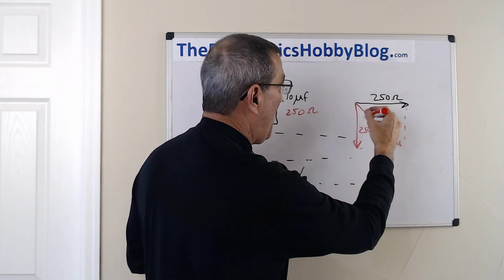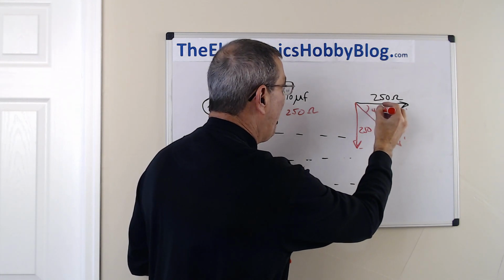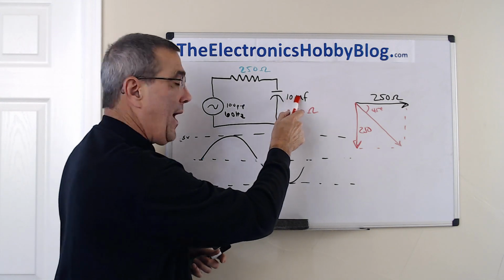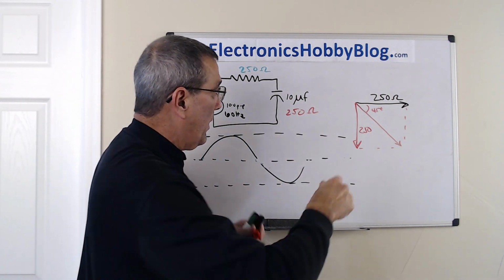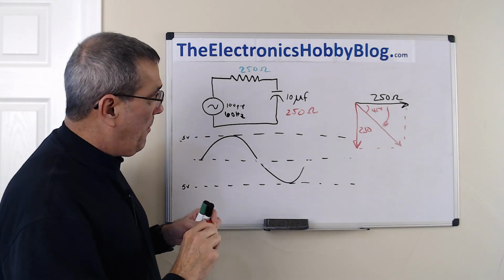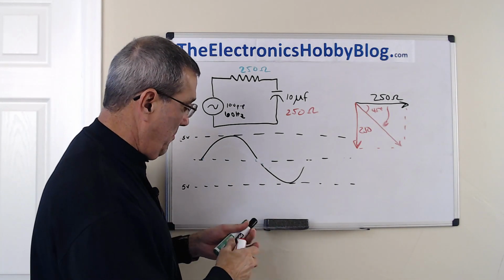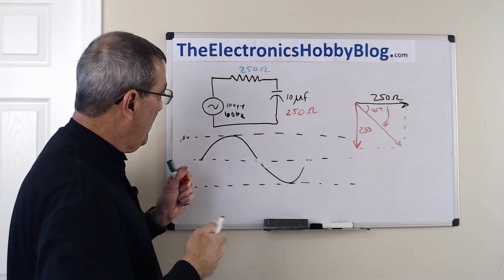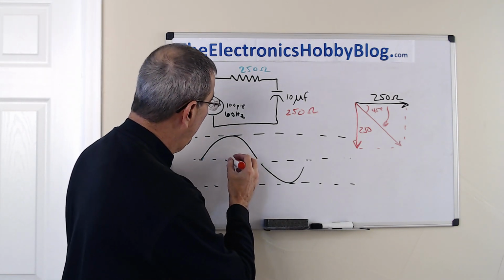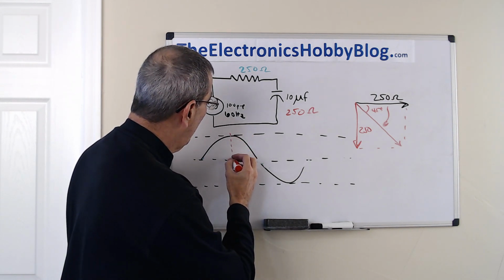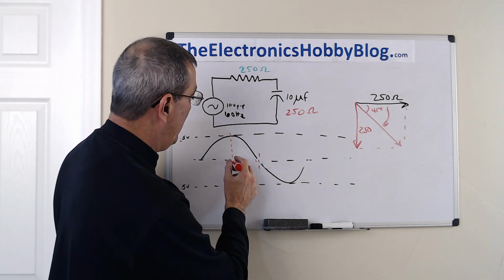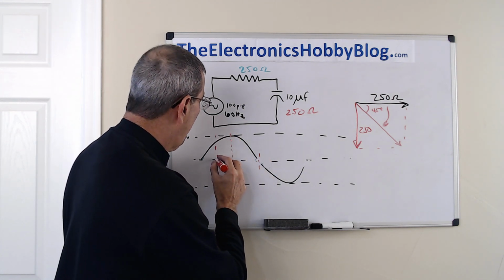And in this case, since these are both equal, this is going to be 45 degrees. So in this case, the voltage across the capacitor is going to lag the voltage across the resistor by 45 degrees, which means that the voltage across the capacitor is going to end up starting 45 degrees late. So this is 180, this is 90, this is 45.